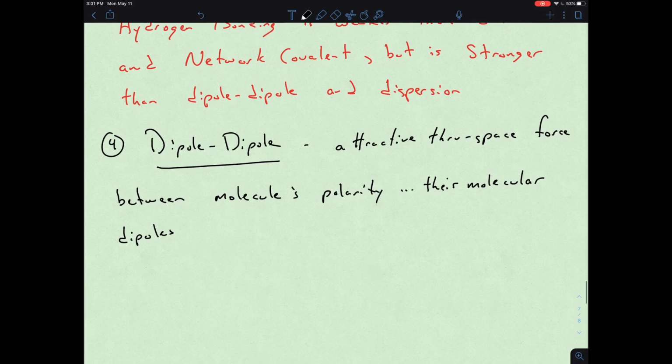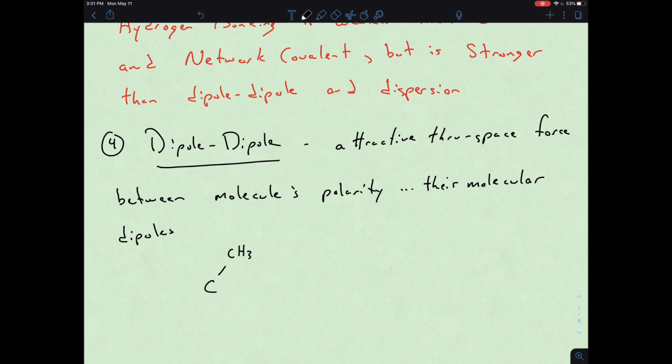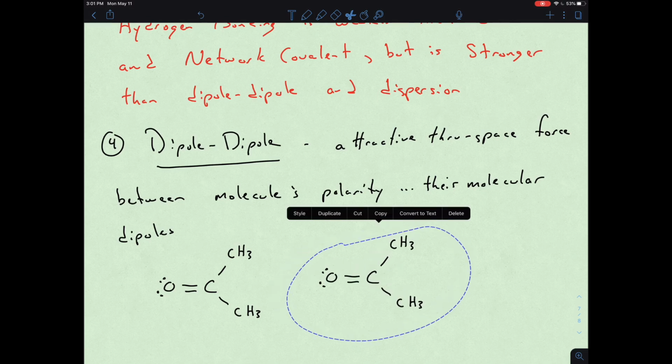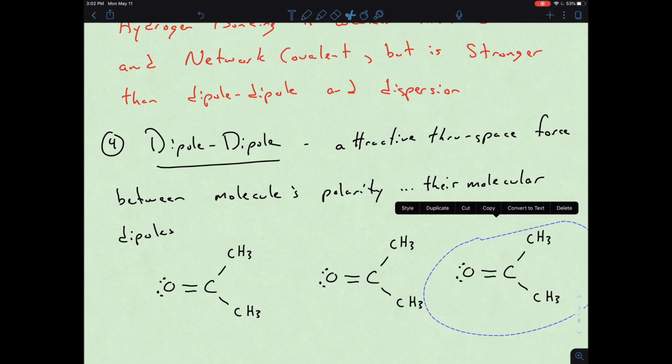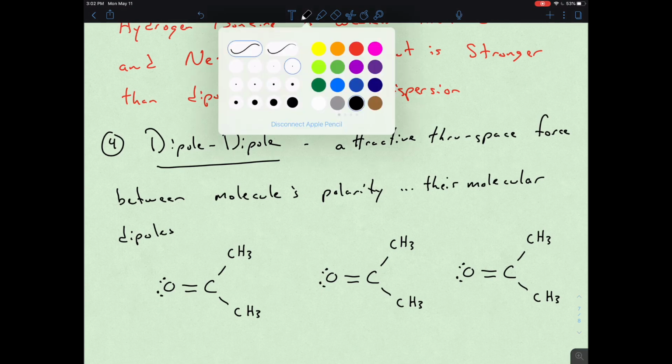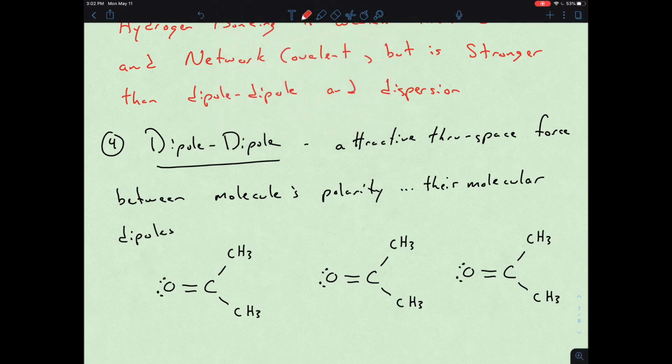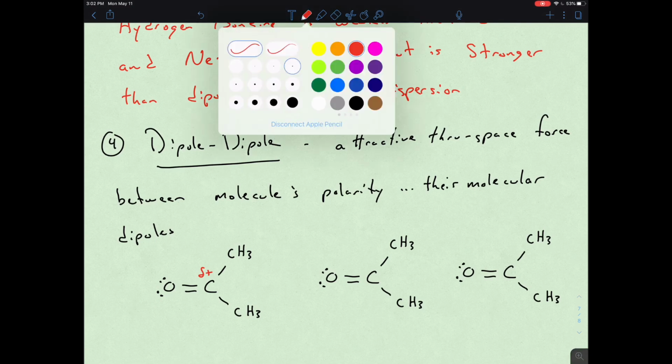So if we look at an example of, let's say, acetone, it looks like this. And we can have a few of them here, kind of in a line, and from this difference in our bond dipole that we see for the carbon-oxygen bond, right?